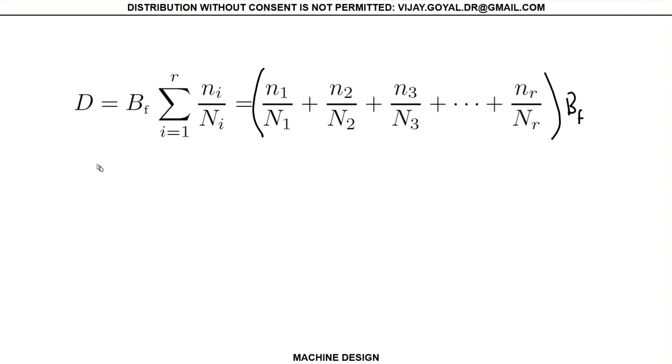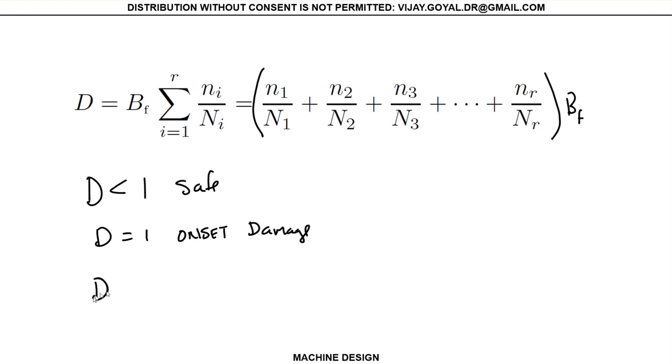This is the damage parameter, and the damage parameter has to be less than 1 to be safe, equal to 1 at the onset of failure, and bigger than 1 means the damage has occurred.